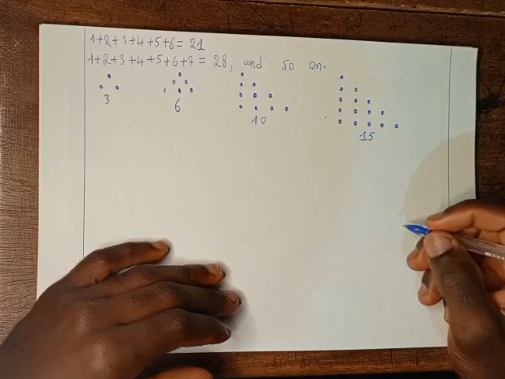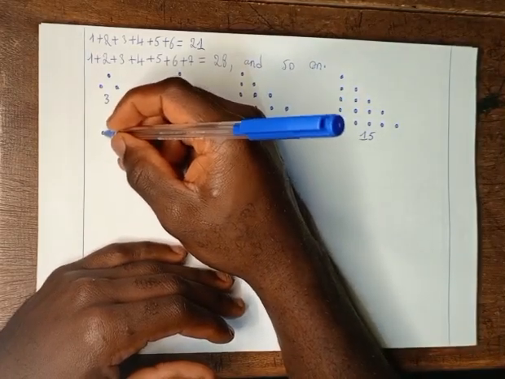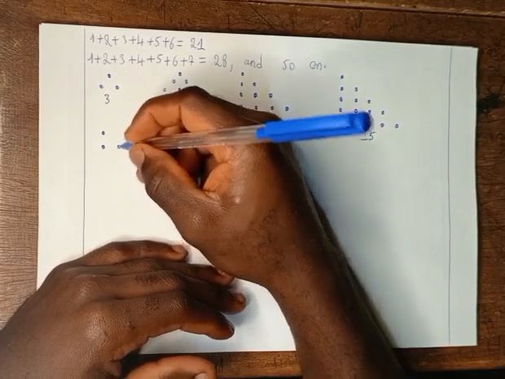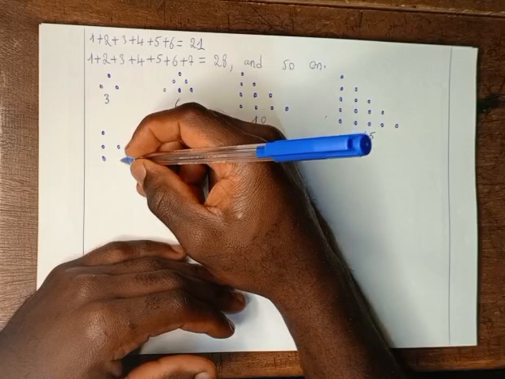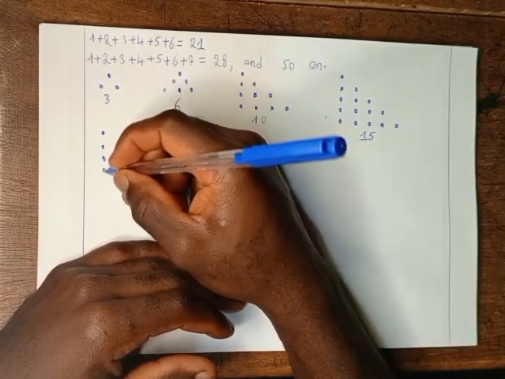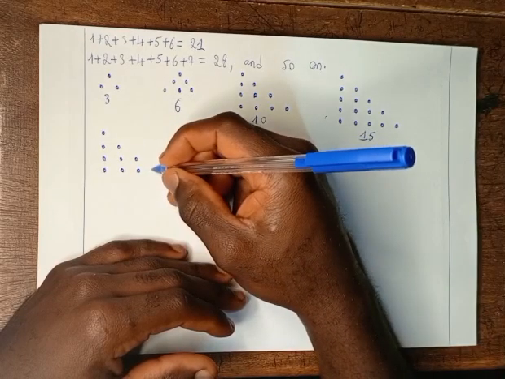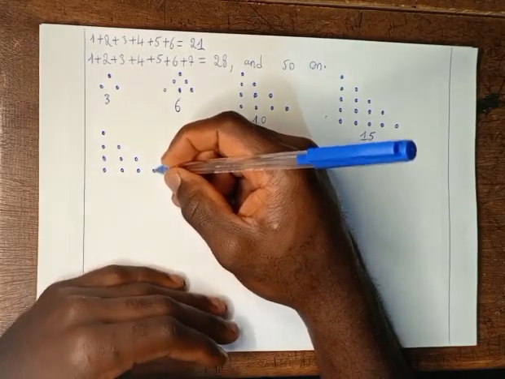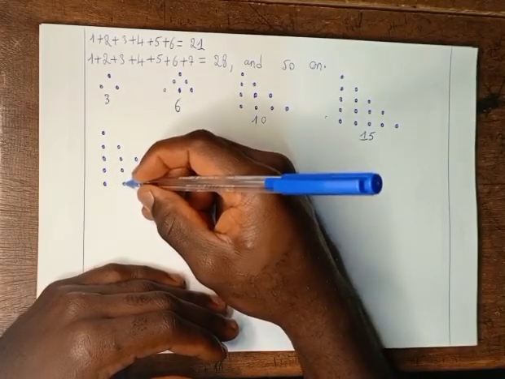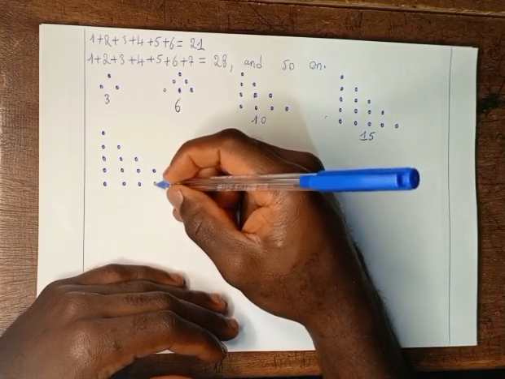And for the number 21, let's represent 21. You see that the number of dots in a row, they differ by 1.